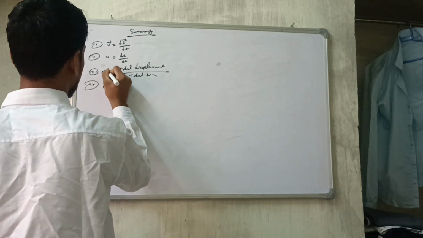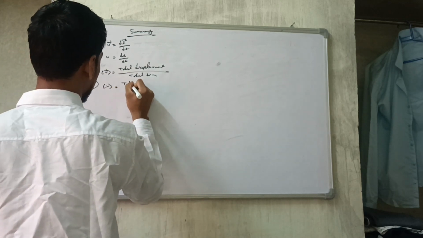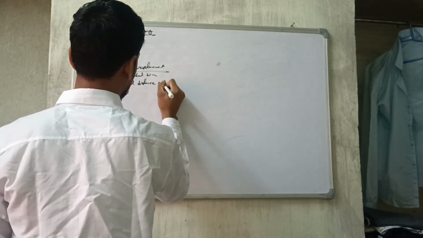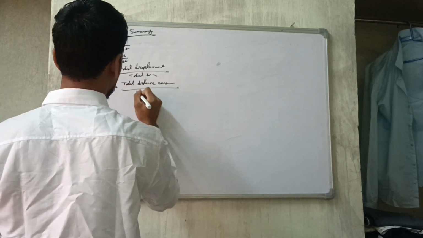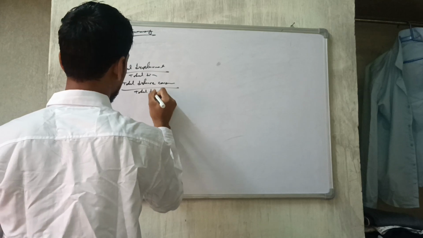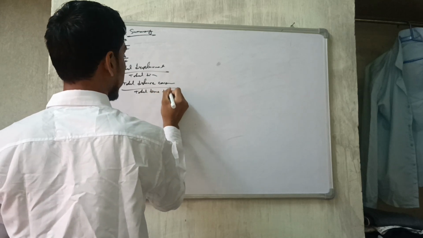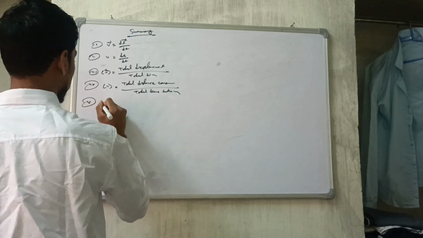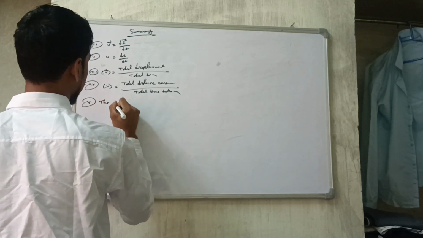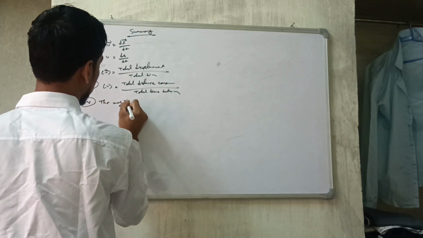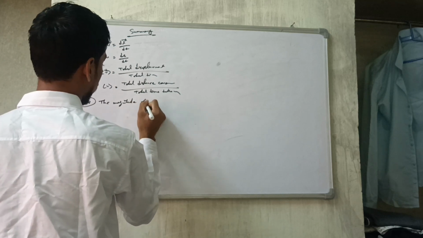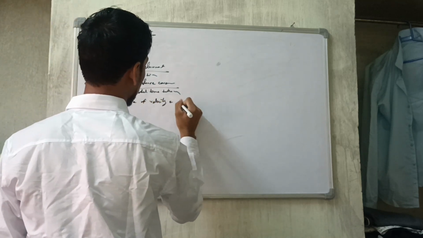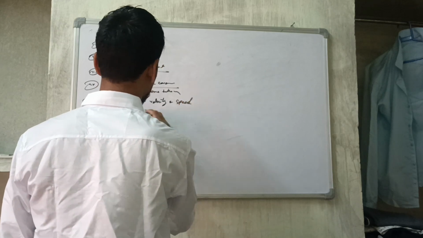Average speed is total distance covered upon total time taken. And the magnitude of velocity is equal to speed.